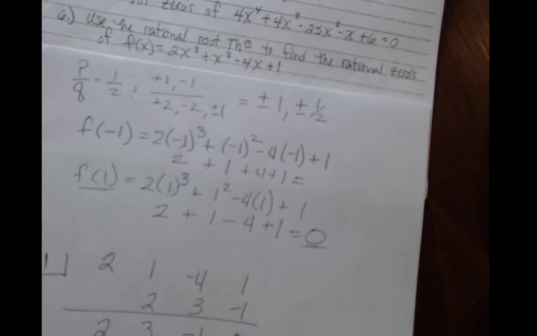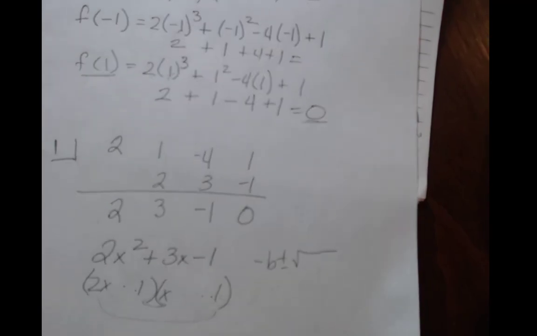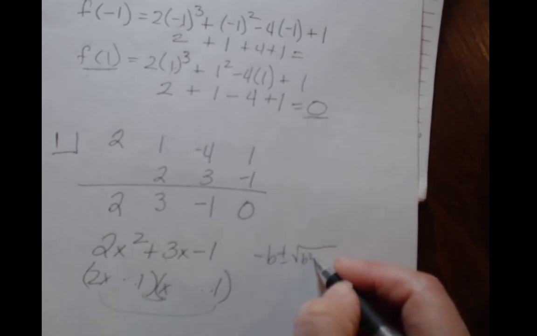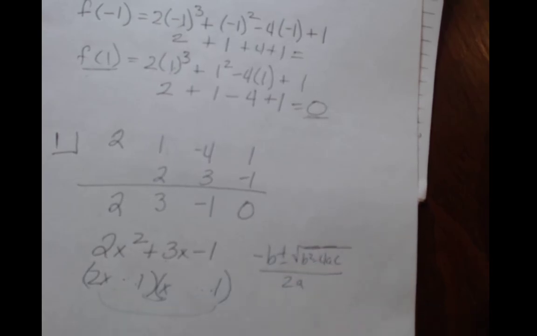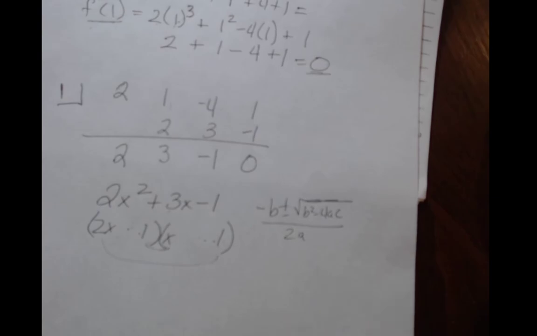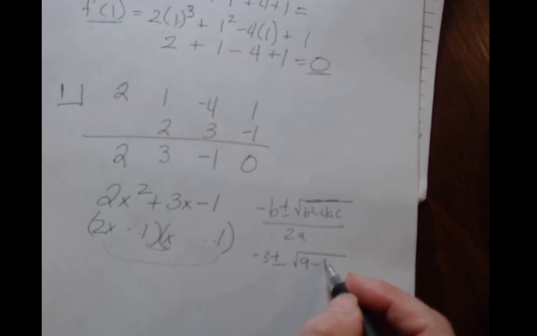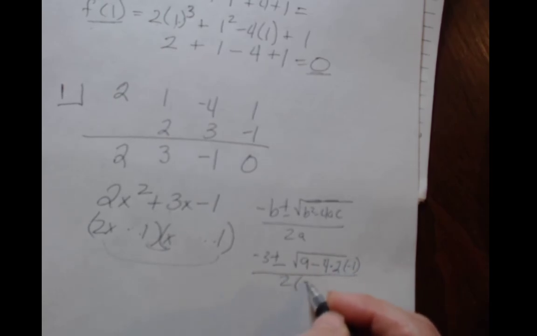So if we did the quadratic formula, negative b plus or minus the square root of b squared minus 4ac all over 2a, that's negative 3 plus or minus the square root of b squared minus 4ac, all over 2a.